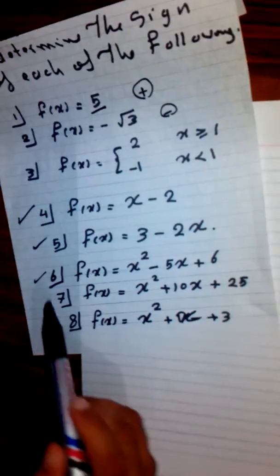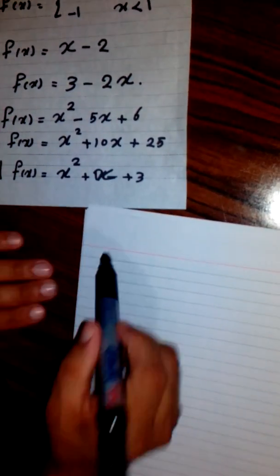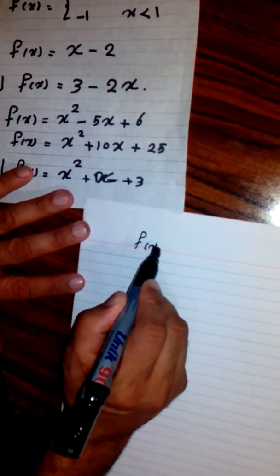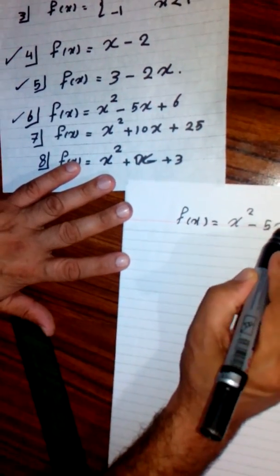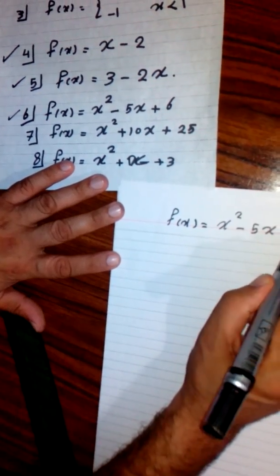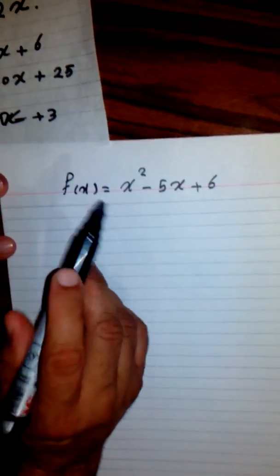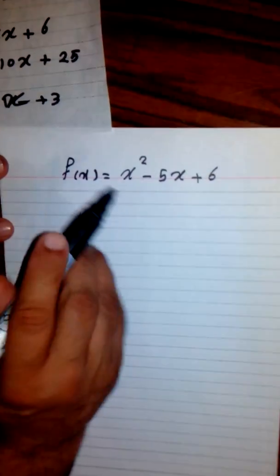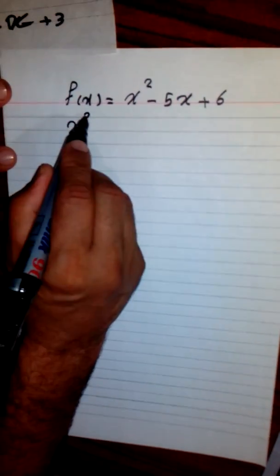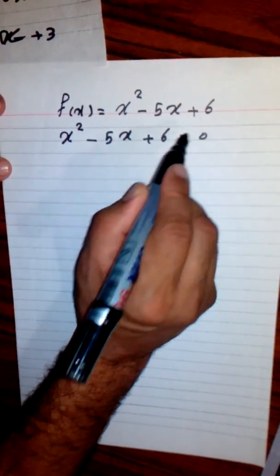Determine the sign of each of the following. f of x equals x squared minus 5x plus 6. The first step, we put f of x equal 0 to get the points of intersection with the x-axis. x squared minus 5x plus 6 equals 0.